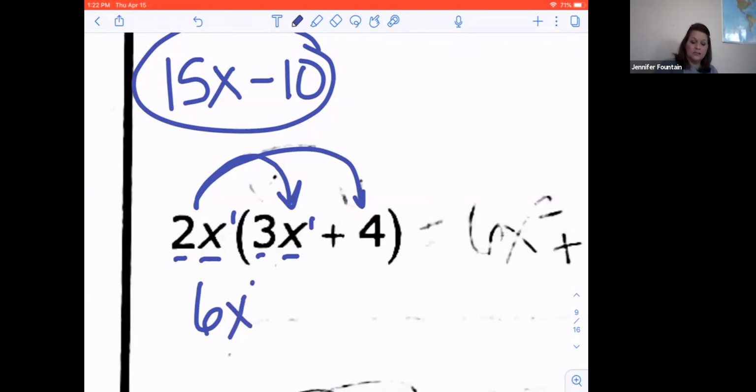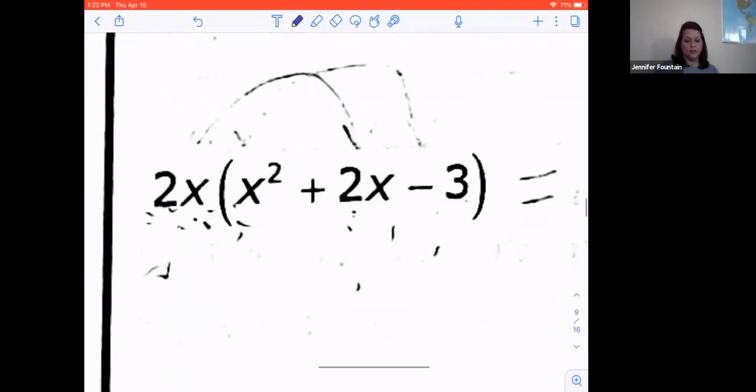So this will be 6x squared. And then 2x times 4, and they're both positive, so I know it's going to be plus. 2x times 4 is 8x. So 2x times 3x plus 4 becomes 6x squared plus 8x.